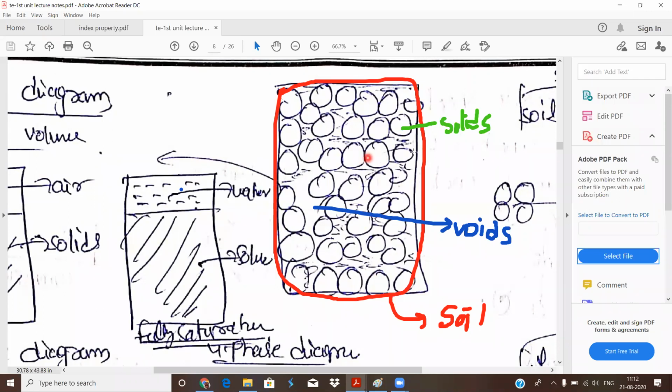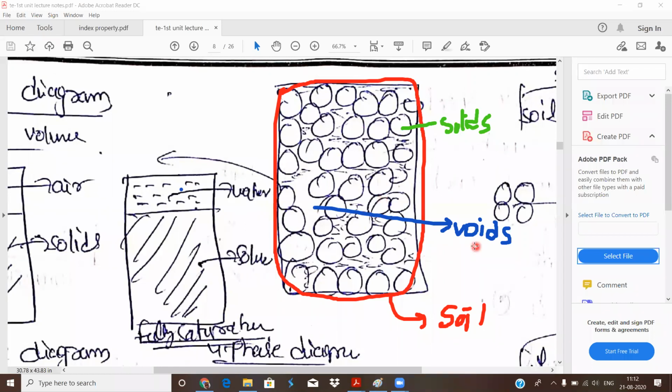In between these particles, some space or gap is available. In geotechnical engineering, this gap is called voids. The voids mean the gap between the solid particles.